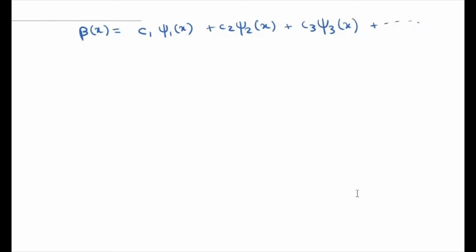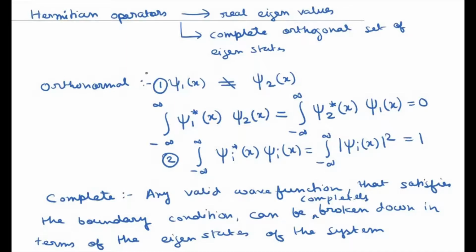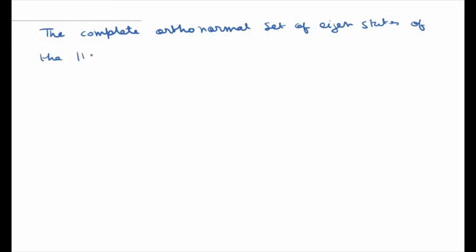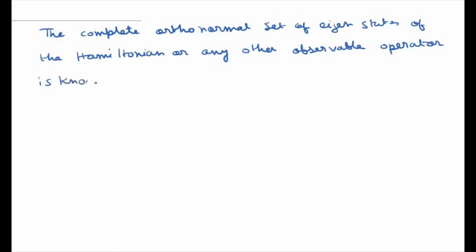Okay, so again, these two are the conditions for an orthonormal set of eigenstates, and we call the complete orthonormal set of eigenstates of the Hamiltonian or any other observable operator as the basis.